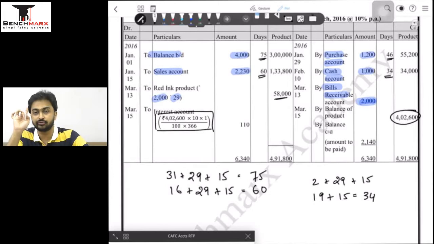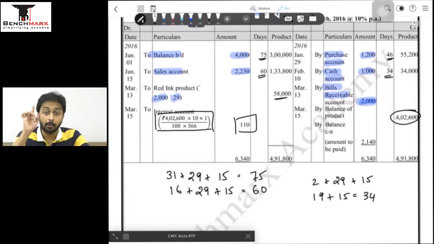And the amount of interest, note, the amount of interest always goes in the amount column and not the product column. Please do not post the product in the amount column. Post the interest amount in the amount column, लेकिन the interest amount always goes on the opposite side in the amount column, and once you post the interest amount, only then you balance the amount column, and balancing figure appears to be this.